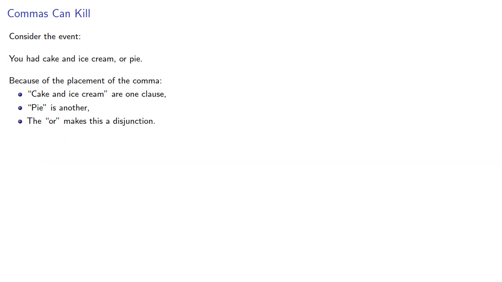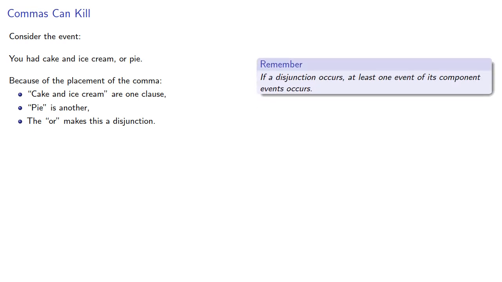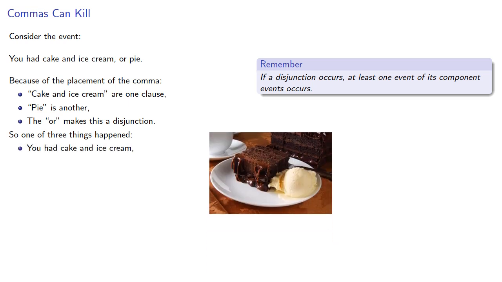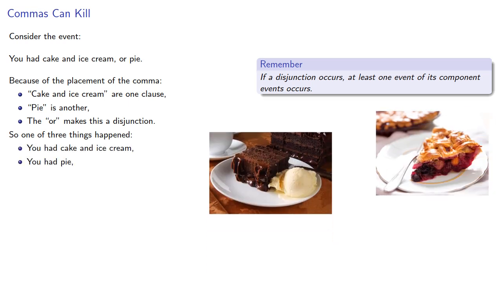So remember, if a disjunction occurs, then at least one of its component events occurs. So one of three things happened. You had cake and ice cream, you had pie, or you had both cake and ice cream and also pie.